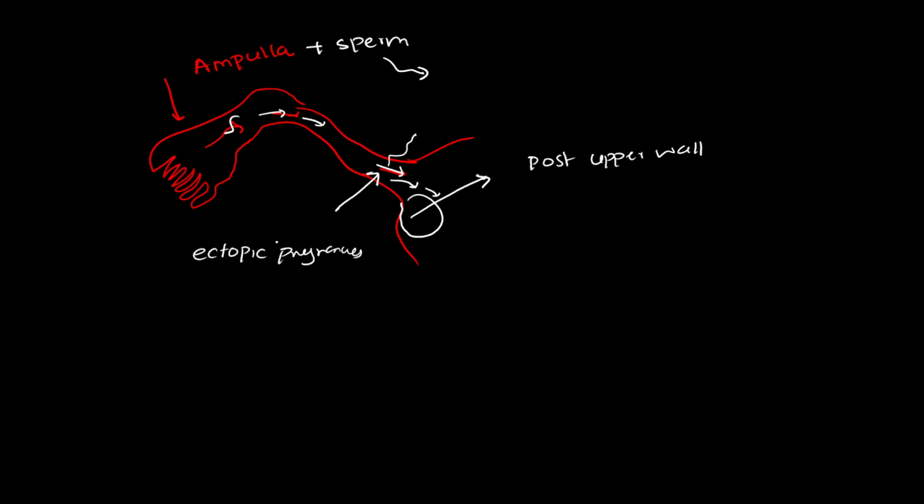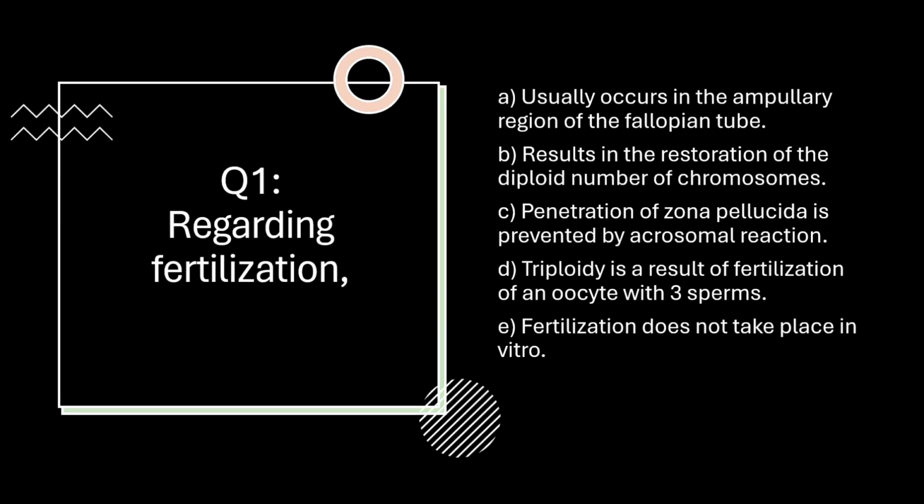Most of the time the ectopic pregnancy is at the distal part of the fallopian tube, the point at which the fallopian tube passes into the uterus, right? So the first statement, that fertilization usually occurs in the ampullary region of the fallopian tube, is a true statement.